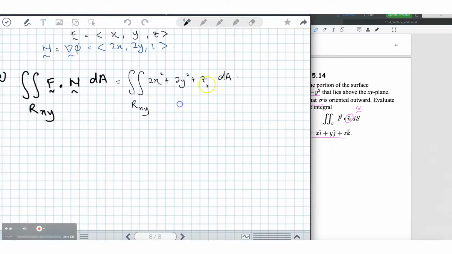Okay, so now once you compute the dot product between f and the capital N, you have this scalar form. So now the question is similar to the surface integral for scalar field. Can we directly integrate this? Because for the multiple integral concept, if you have double integral, the total variables allowed in your integrand must be not more than 2.